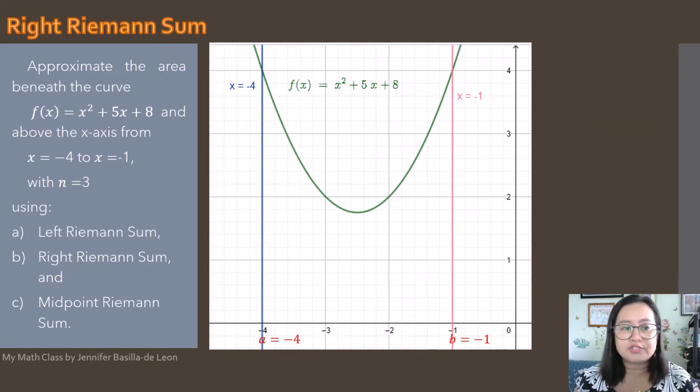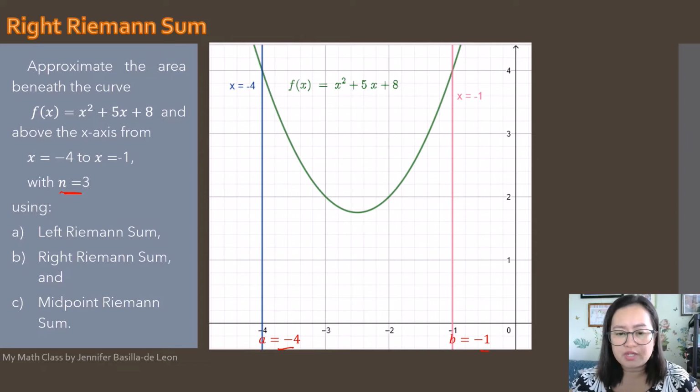This time, let's use the right Riemann sum formula in approximating the said region. So we start with the closed interval. We still have from -4 to -1. Now let's have the width. Since we have n equals 3, then delta x is still equal to 1.